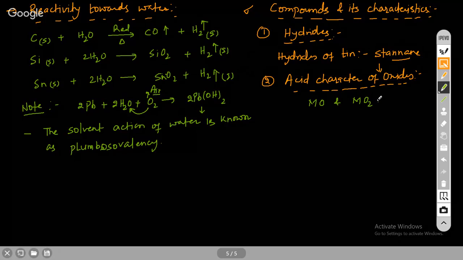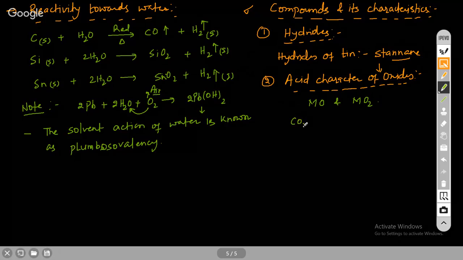For dioxides, as we go down the group, the acidic character decreases and basic character increases.